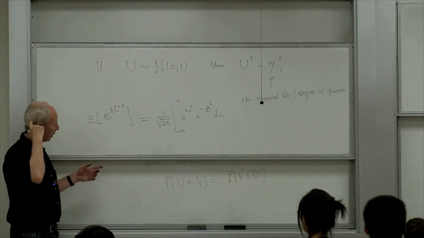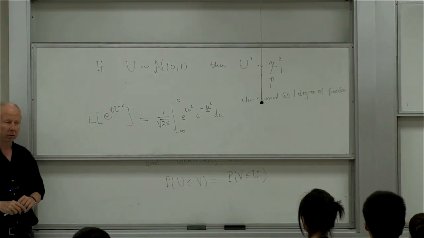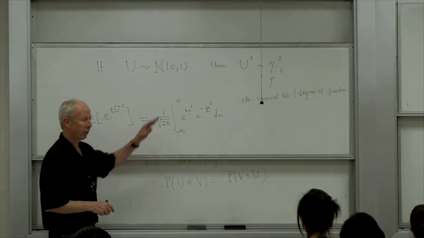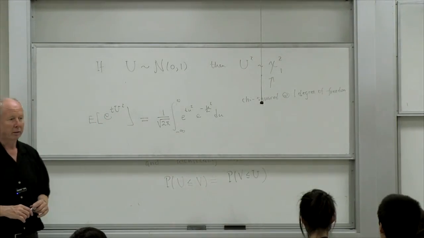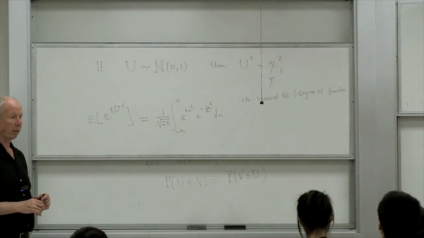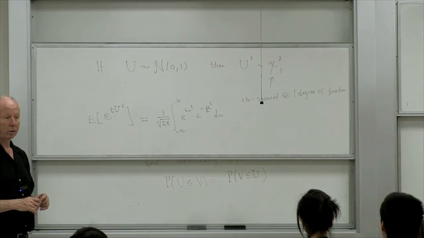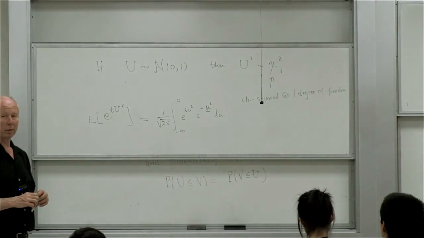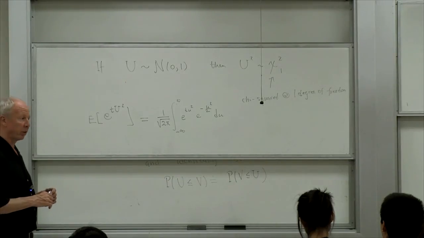Now, when you're doing expectations, you should check that the integral is going to be finite, or the sum, or whatever. Is this always going to be finite, this integral? What do you think? What if t is 1? Is this integral finite if t is 1? What are you integrating if t is 1 here?